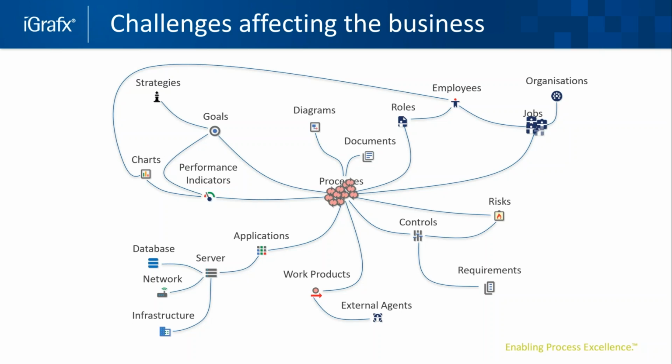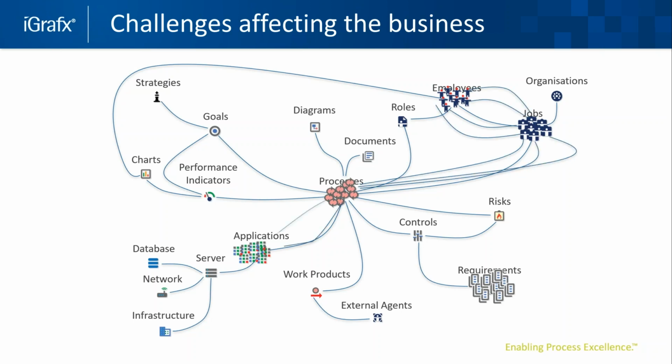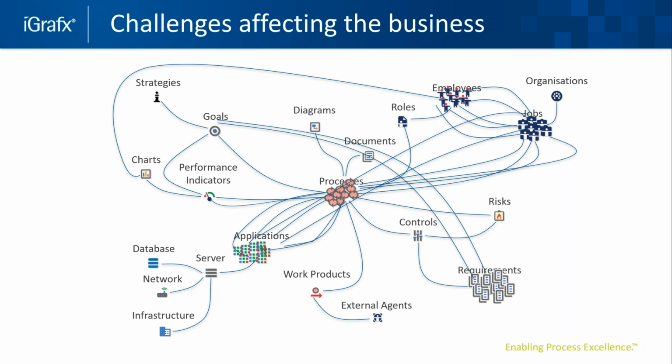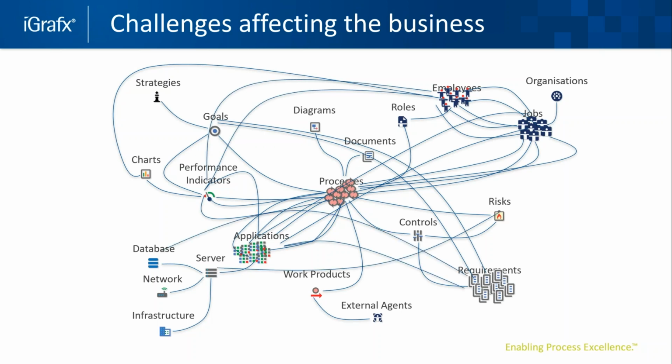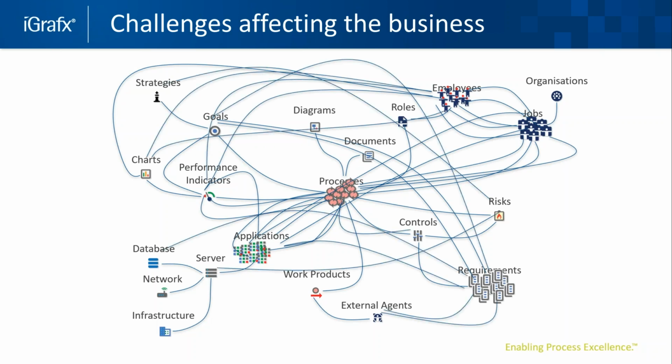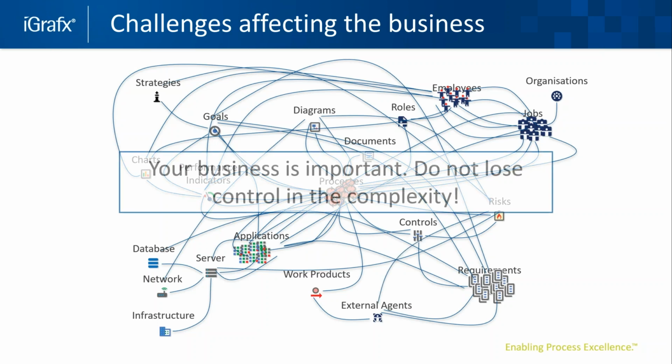And as you all know, companies today have lots of processes, employees, requirements to fulfill, applications, and so on. And these relationships can go all over the place. So it is very easy to lose control over that complexity. And this is what you absolutely don't want to risk in today's environment of changes that happen so fast, where you have to react.